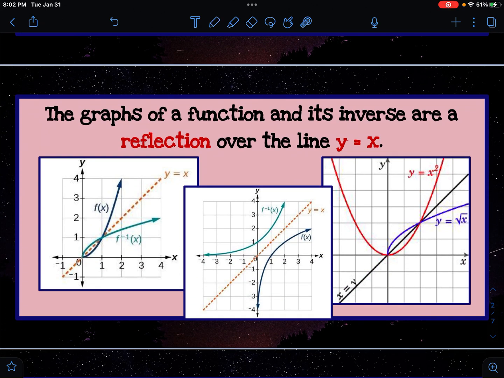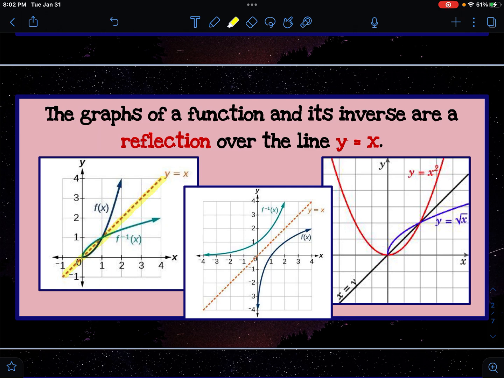So the graphs of a function and its inverse are a reflection over the line y equals x, or x equals y. This line comes up a lot. It's the identity line because in every single point, the y value equals the x value.